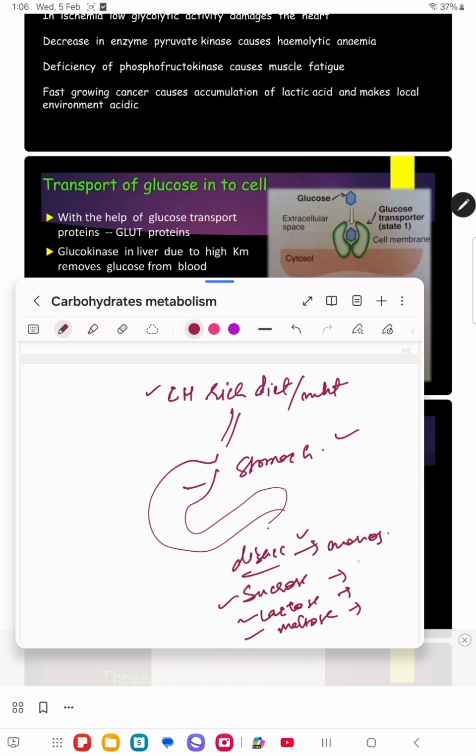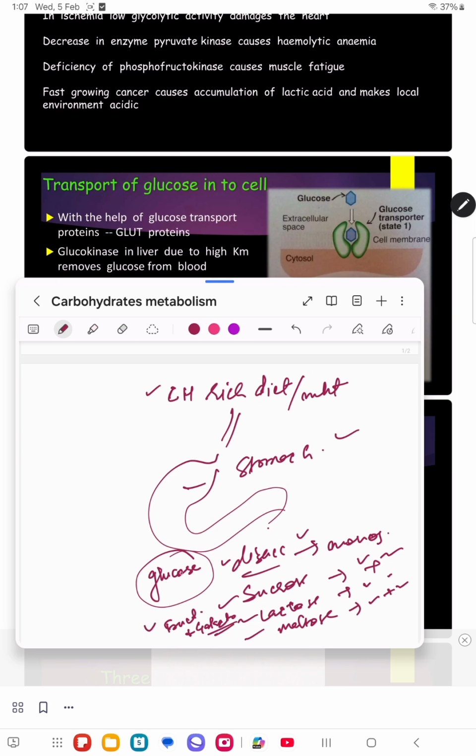They are all disaccharides and they will be converted into monosaccharides. Sucrose will be converted into fructose and glucose, maltose into glucose, and lactose into glucose and galactose. These are the monosaccharides. Now talking about the glucose part, the other ones are fructose and galactose, which we will also discuss.